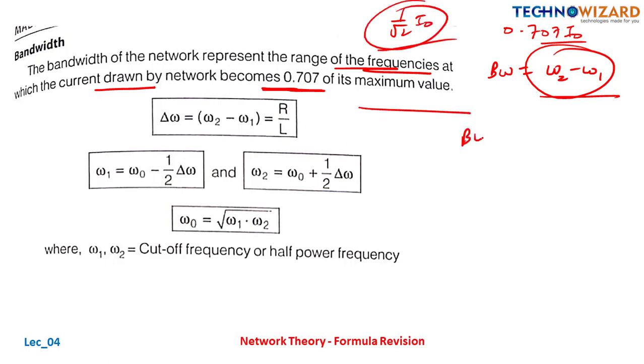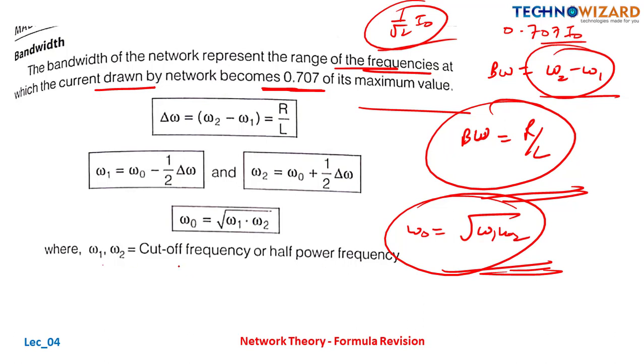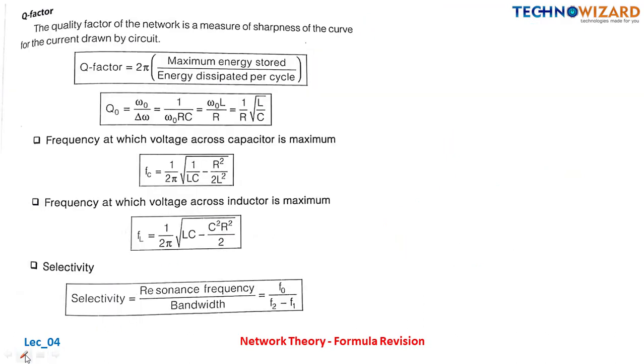So the bandwidth formula can be given as R by L for a series resonance circuit. Okay, and omega naught is also equal to root of omega 1 into omega 2. This is also a formula. Omega 1 and omega 2 are the cutoff frequencies, or you can say the half power frequencies.